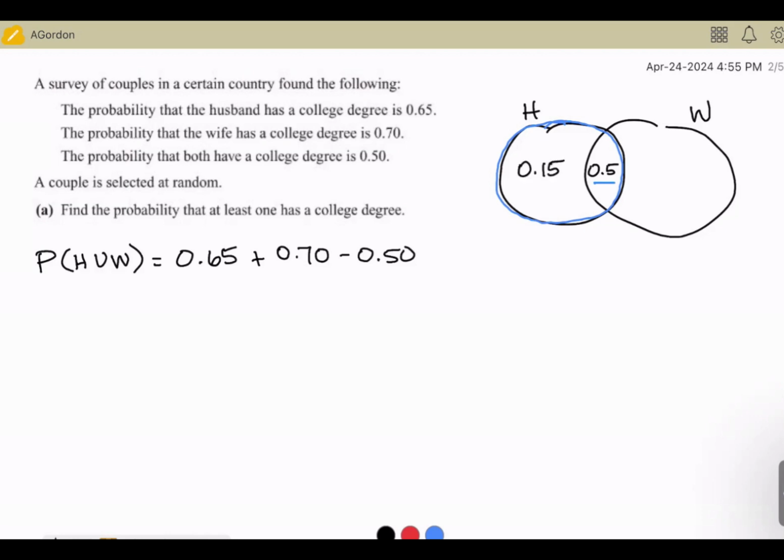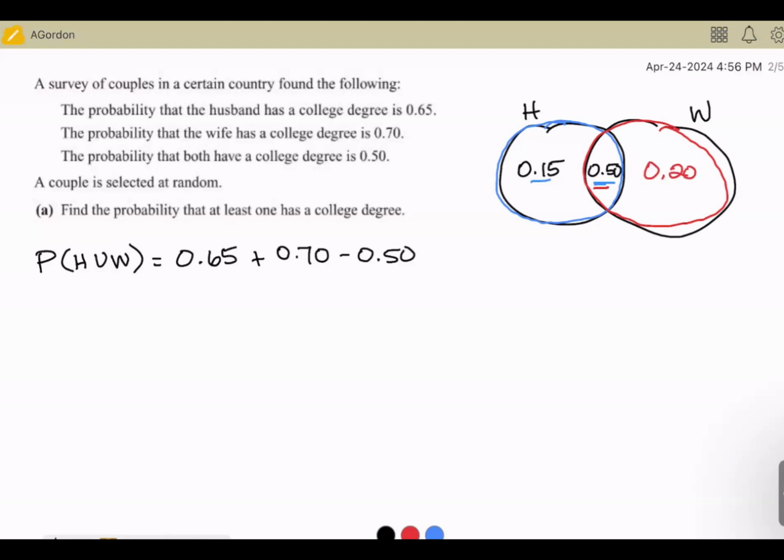So together, 0.15 and 0.5 make the 0.65. And similarly, over here, we want the total of that whole red circle to be 0.7. And we've already got 0.5. So what's over here would really just be 0.2 or 0.20.